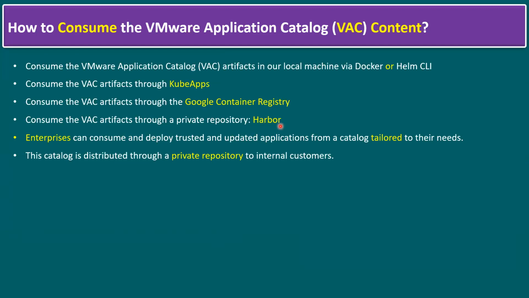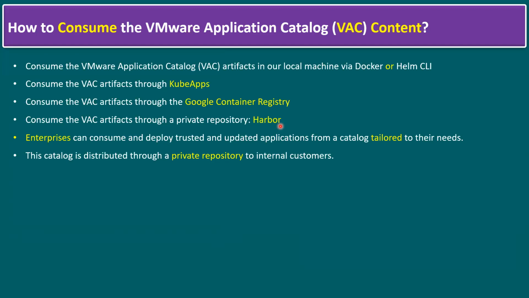Generally, Harbor is installed in multiple ways. For example, we can configure Tanzu Kubernetes Grid with NSX-T, or we can also configure Tanzu Kubernetes Grid without NSX-T, using an HA load balancer or NSX Advanced Load Balancer.